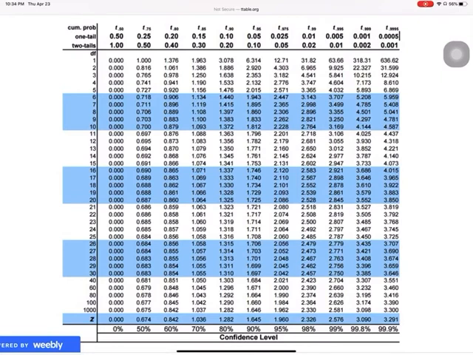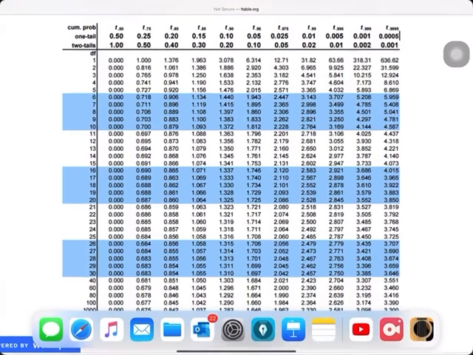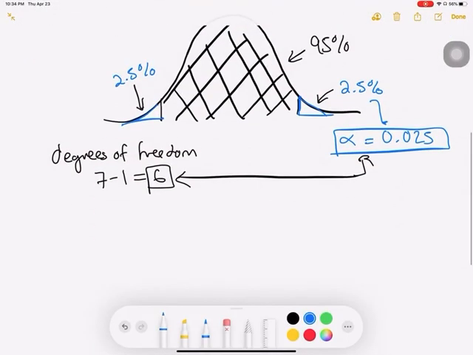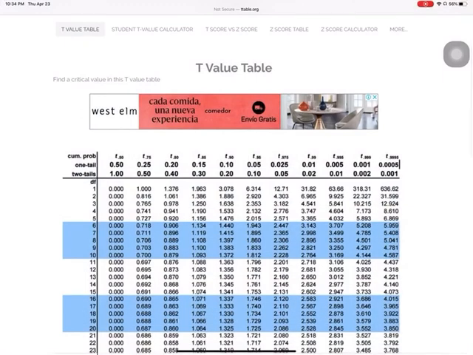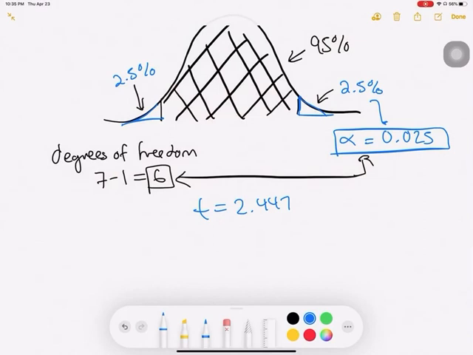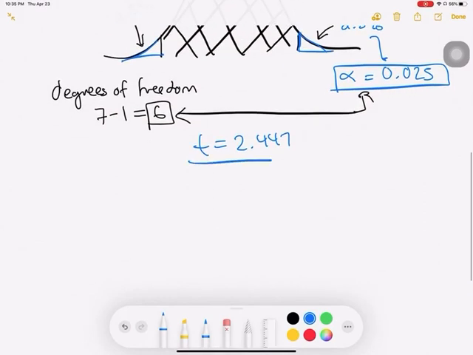If you haven't found it, it is the first blue row, the 7th column. 2.447 is the corresponding t-value that we're going to be using in our calculation. So the t-value that we get from 6 degrees of freedom and 0.025 is 2.447. Just go back and make sure that's 2.447. Yes. So that's the first thing that we need to find, the t-value.